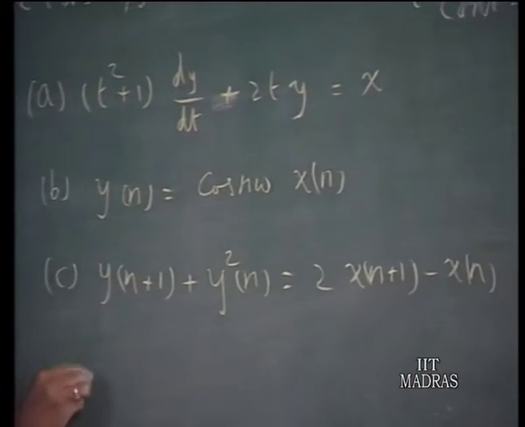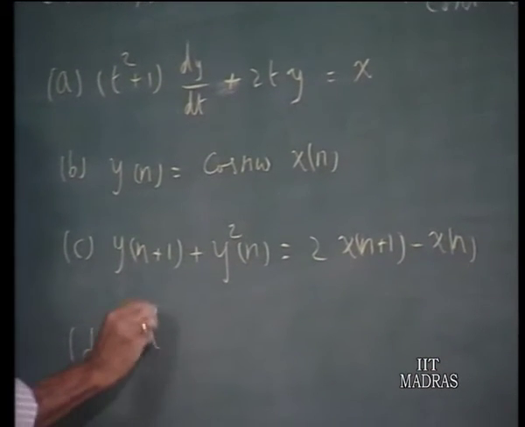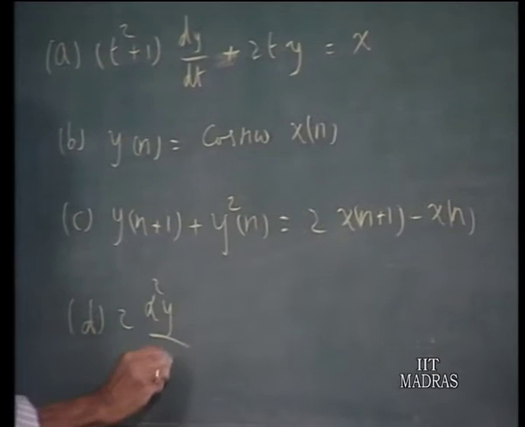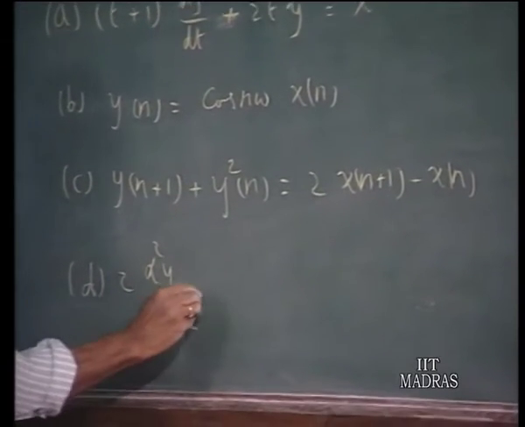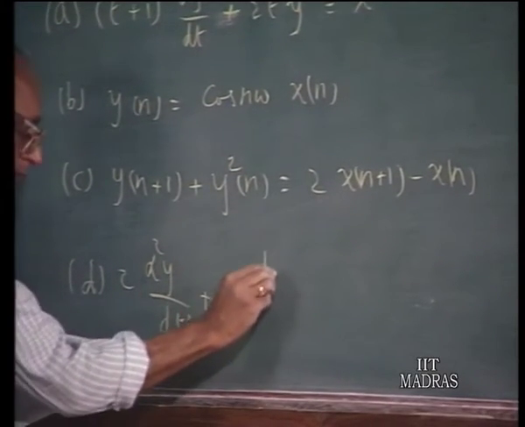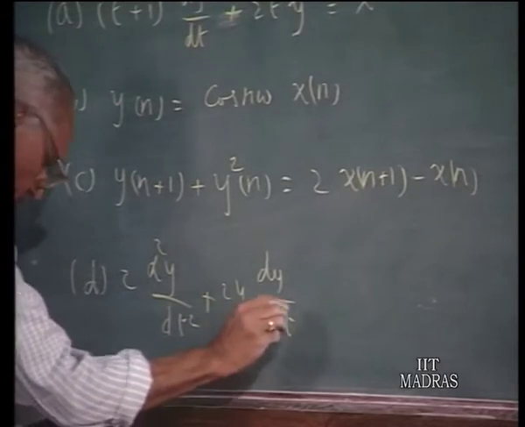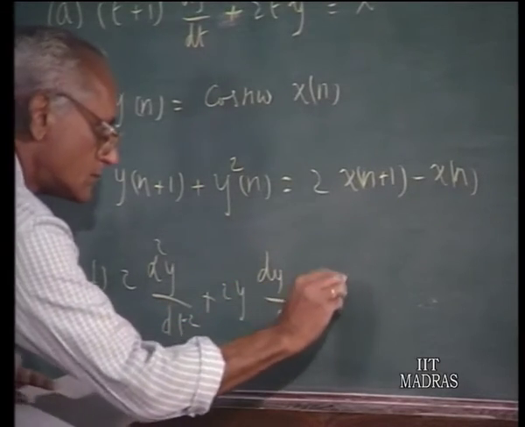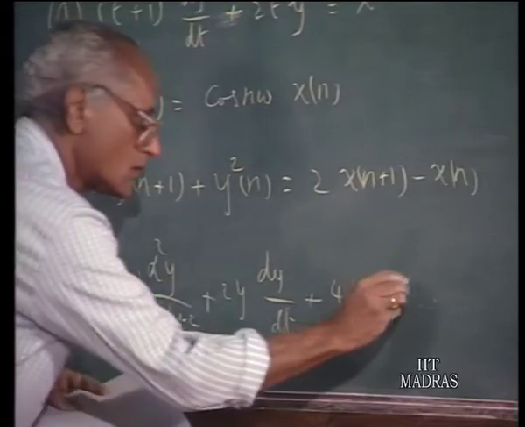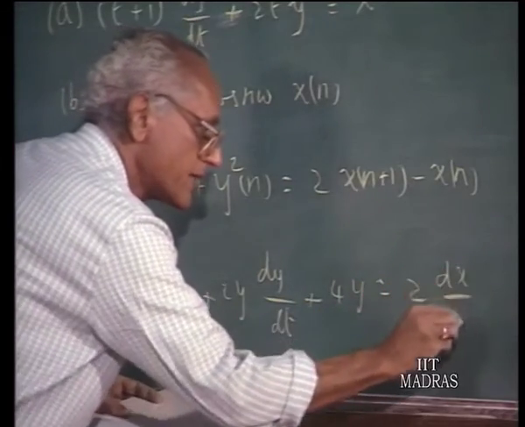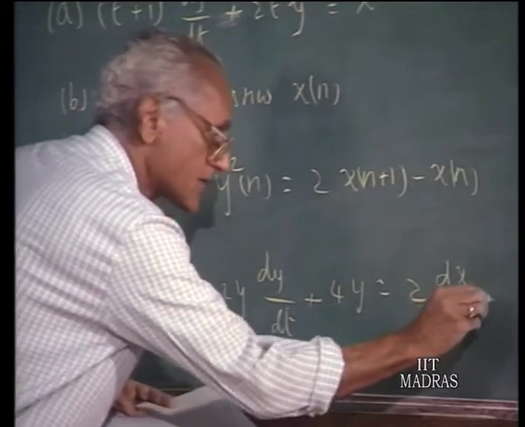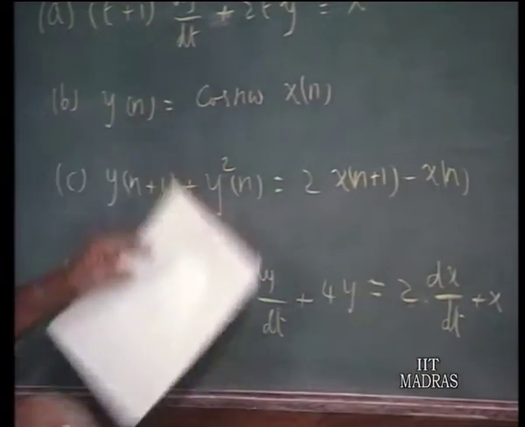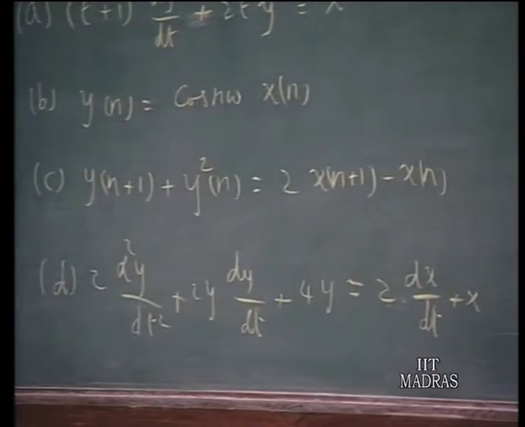D, 2 d squared y by dt squared plus 2y dy by dt plus 4y equals 2 dx by dt plus x, where as usual notation x represents the input and y the output.